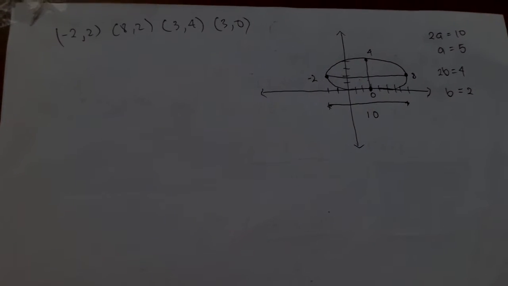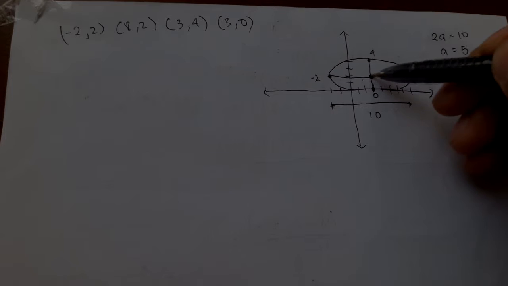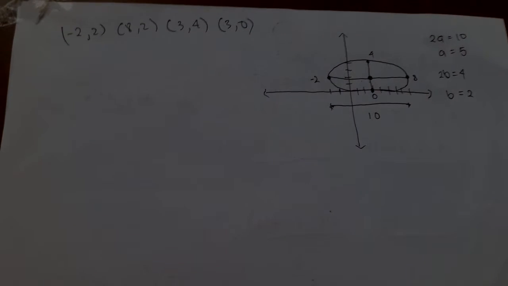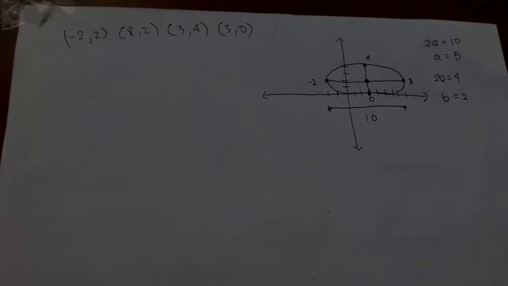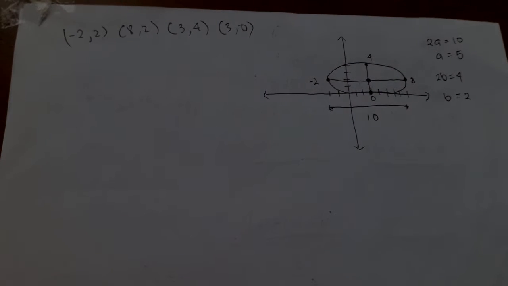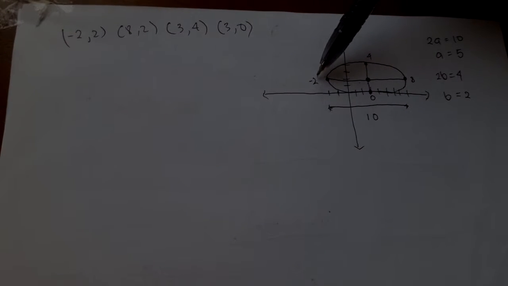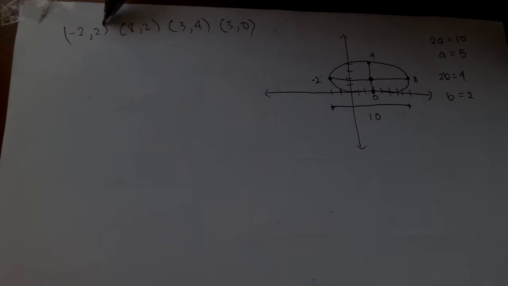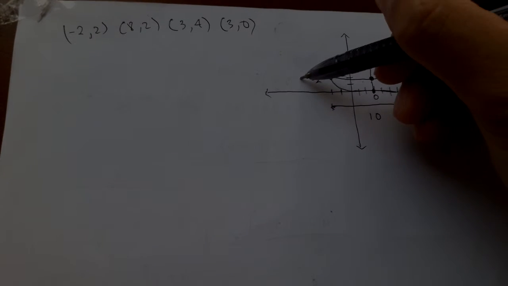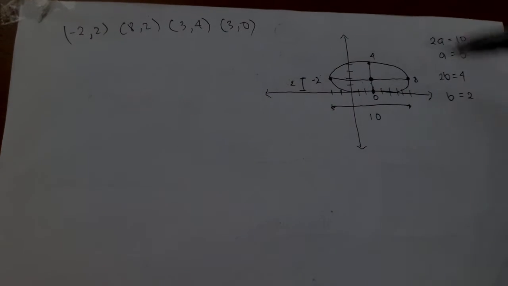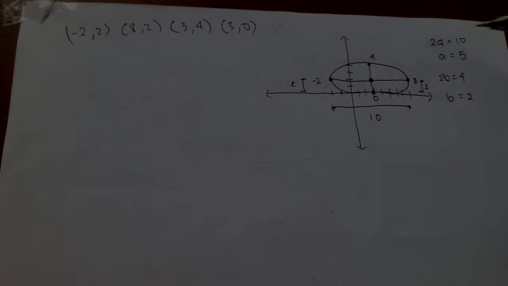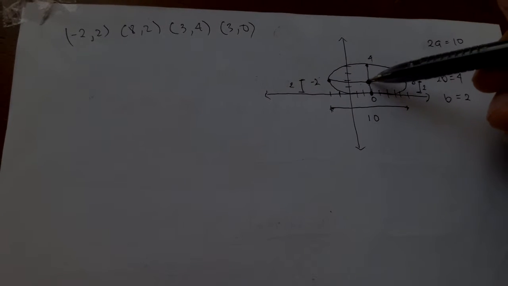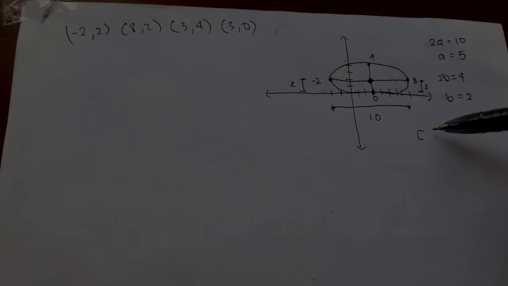The next thing we have to do is find the center of the ellipse. To find the center, since the y coordinates of these two is 2, here 2, and here's 2, the y of the center would be 2.